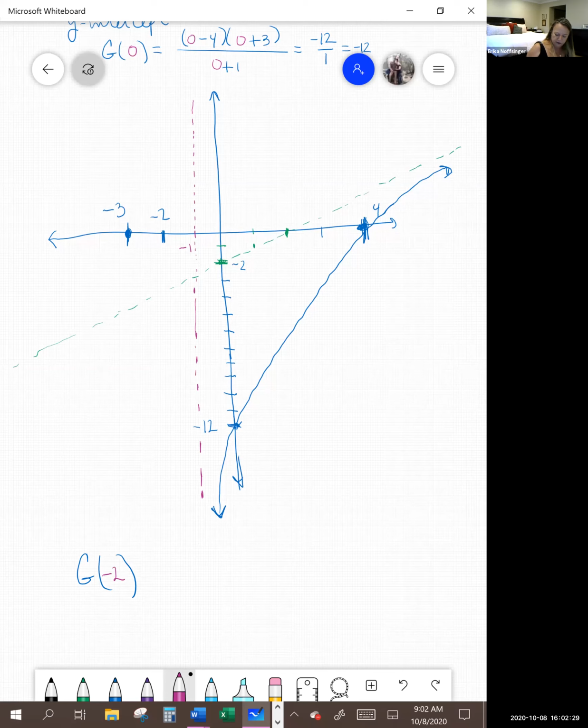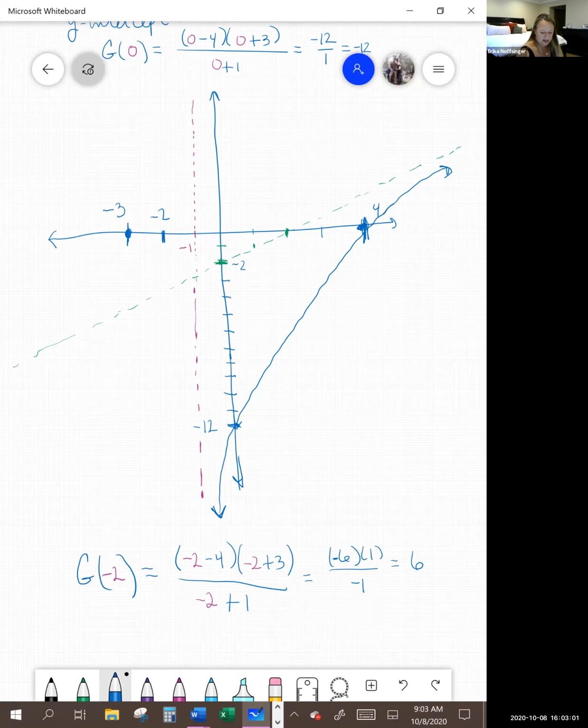Okay, so plugging that in wherever you see an x, you get -2 minus 4, all times -2 plus 3, all over -2 plus 1. So our numerator, we have -6 all times 1, all over -1, which is equal to +6.